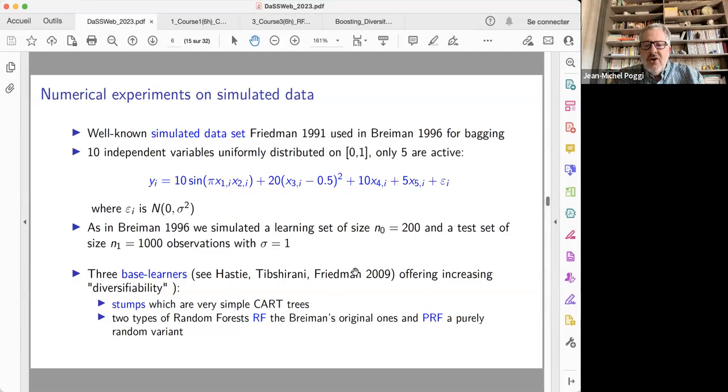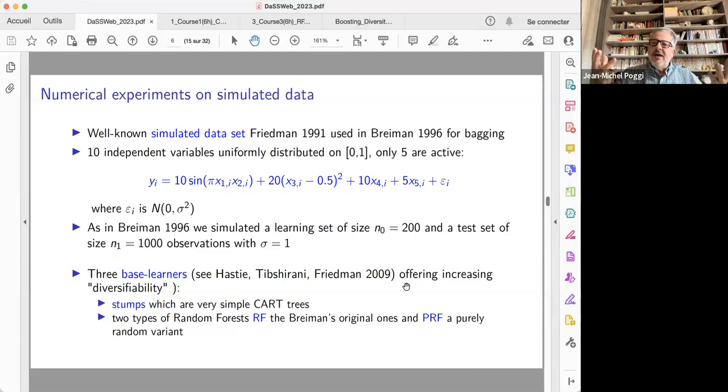But of course, you have many different schemes of random forest. And one which could be very interesting is a purely random variant. It is just denoted here PRF. It is the idea of choosing randomly the variable and the value of the cut, the value of the split. You choose everything randomly.